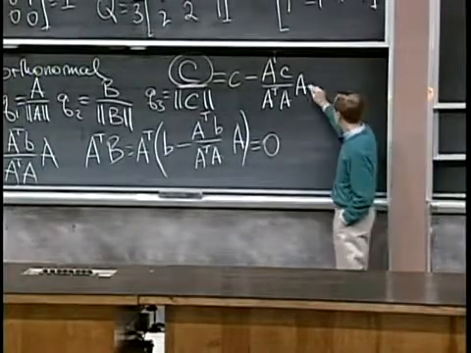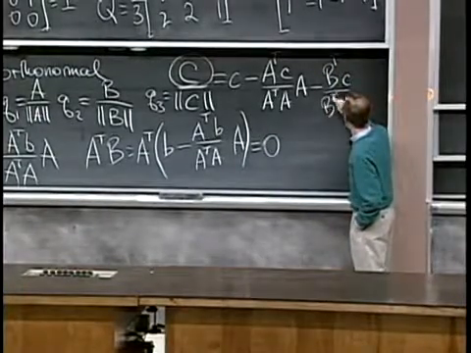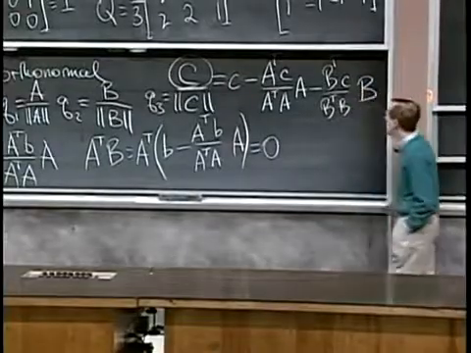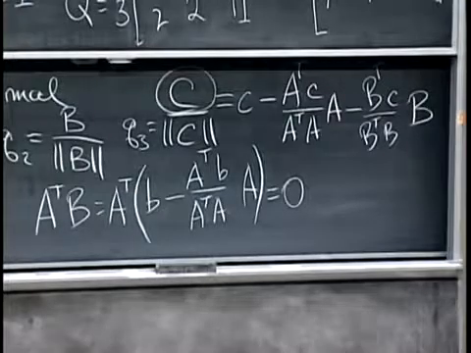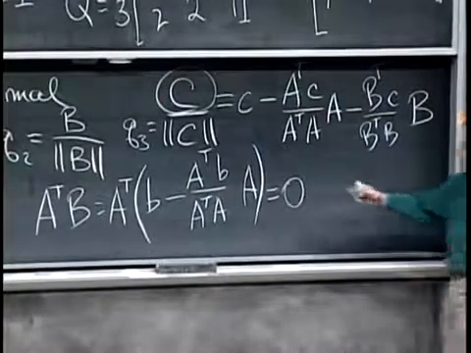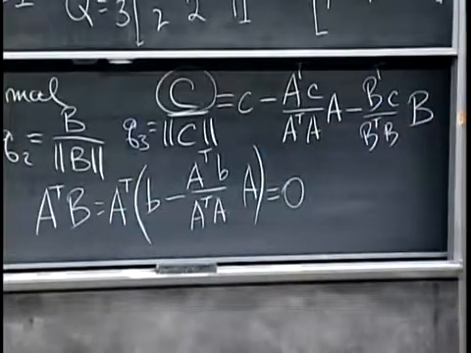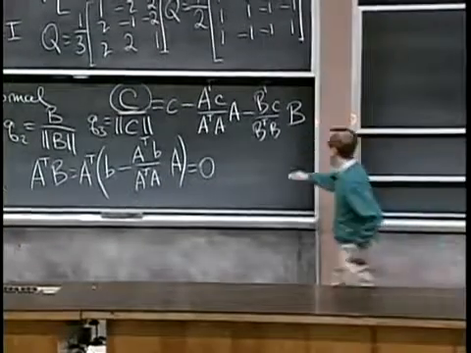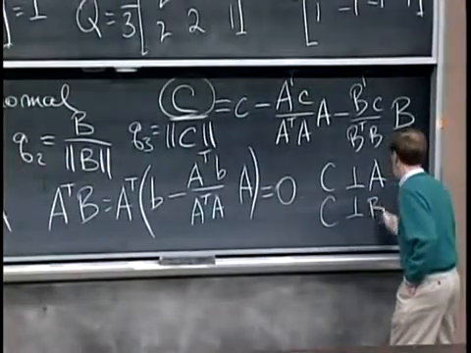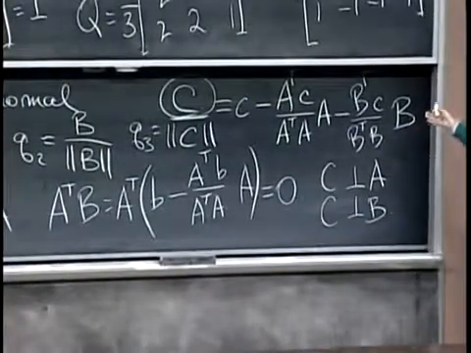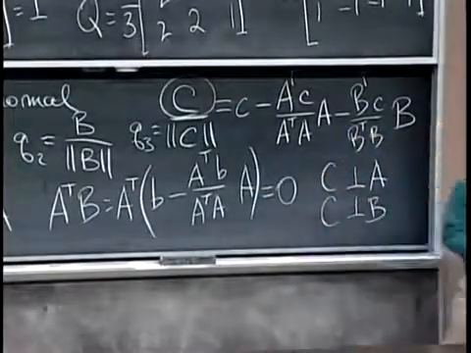And now I've got to subtract off its component, B transpose C over B transpose B. That multiple of B is its component in the B direction. And that gives me the vector capital C that, if there's any justice, should be perpendicular to A, and it should be perpendicular to B. And the only thing it hasn't got is unit length, so we divide by its length to get that too.